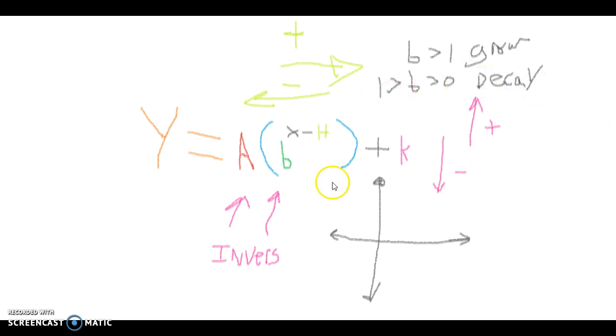If it's negative, though, it will just invert the graph. So that is why it has to be greater than 0. So if it's a decimal, it's less than 1.